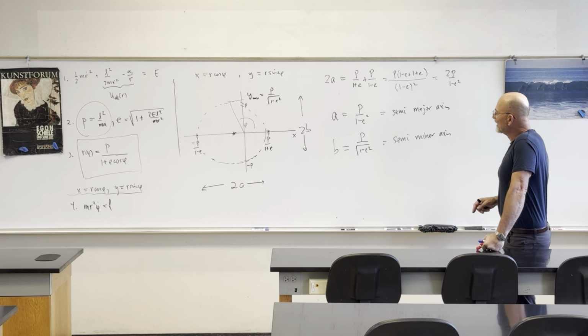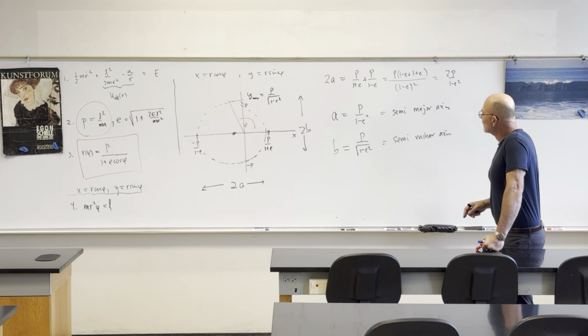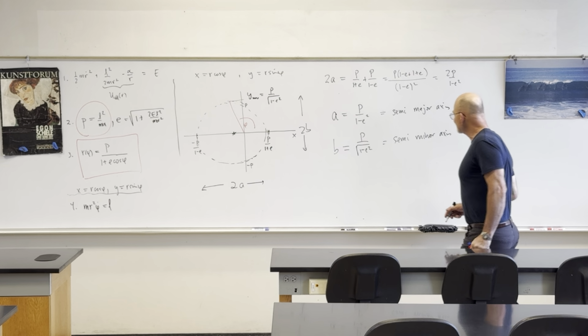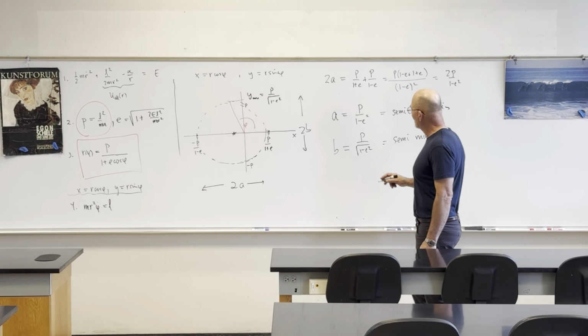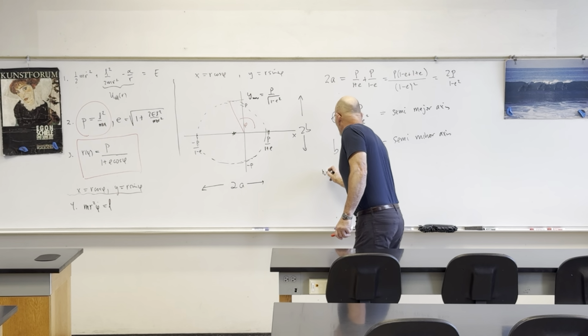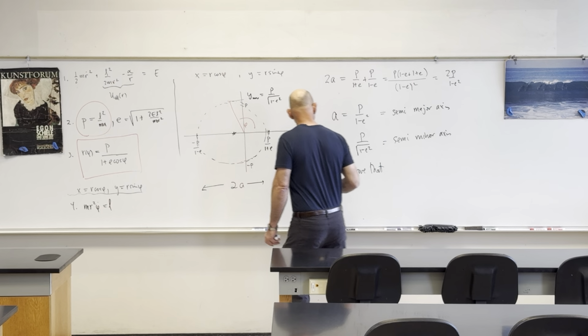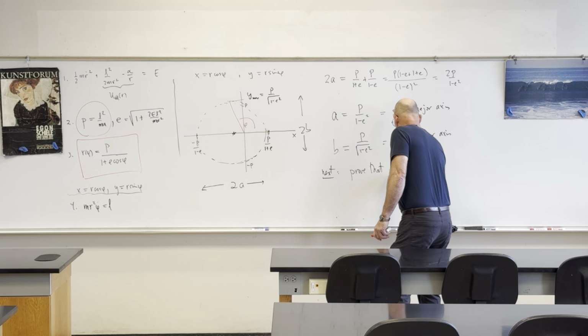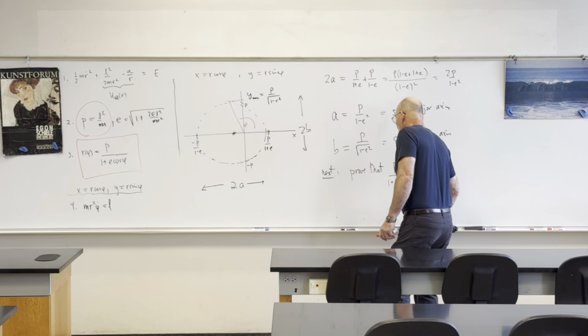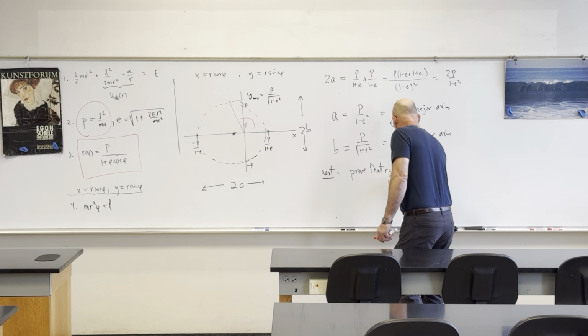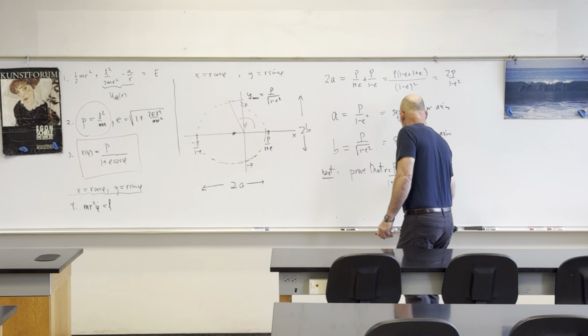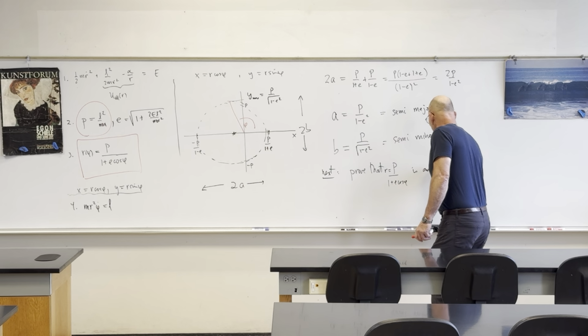So now we have assembled these two, and the next thing we're going to have to do is prove that this thing here, r equals p over 1 plus e cos theta, is an ellipse.